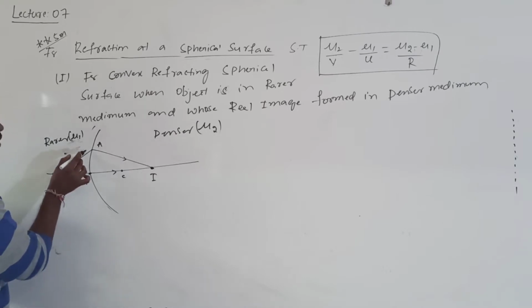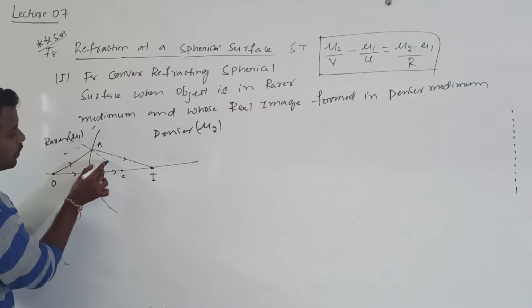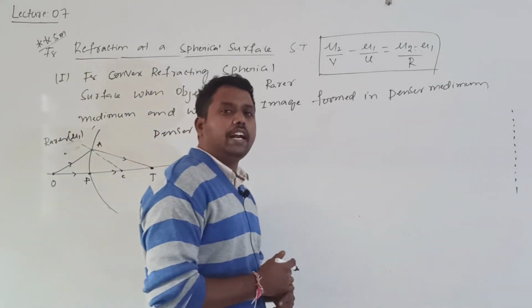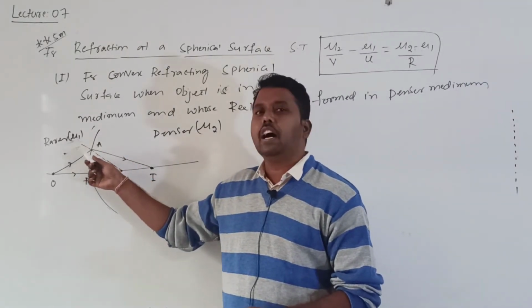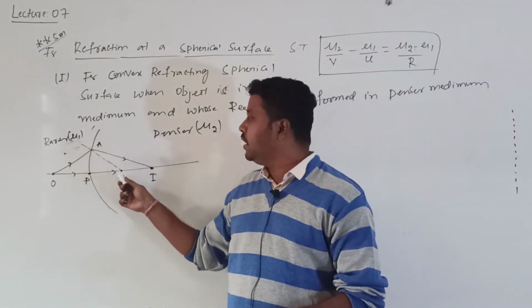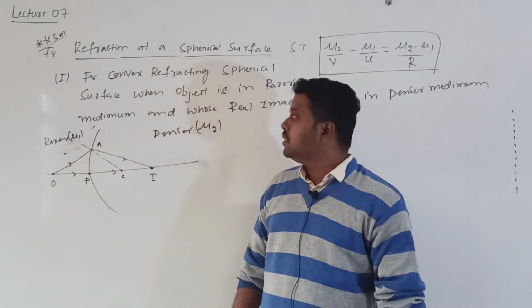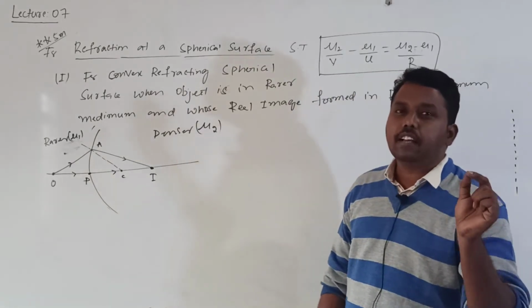In order to measure angle of incidence and angle of refraction, let me draw the normal to the refracting surface. How can I draw the normal? If I want to draw a normal at a point, join the point with the center of curvature. That will give you the normal. The diagram should be clear. In the diagram you need to put arrow marks clearly.